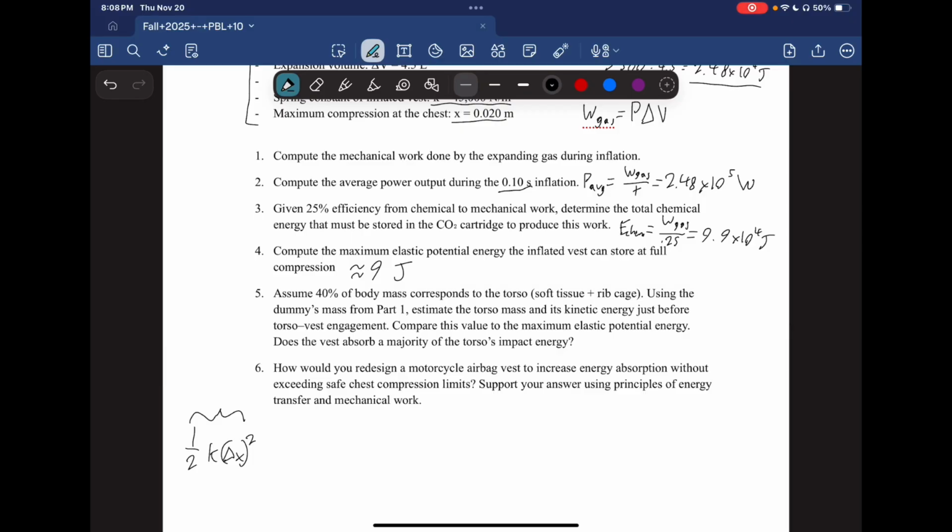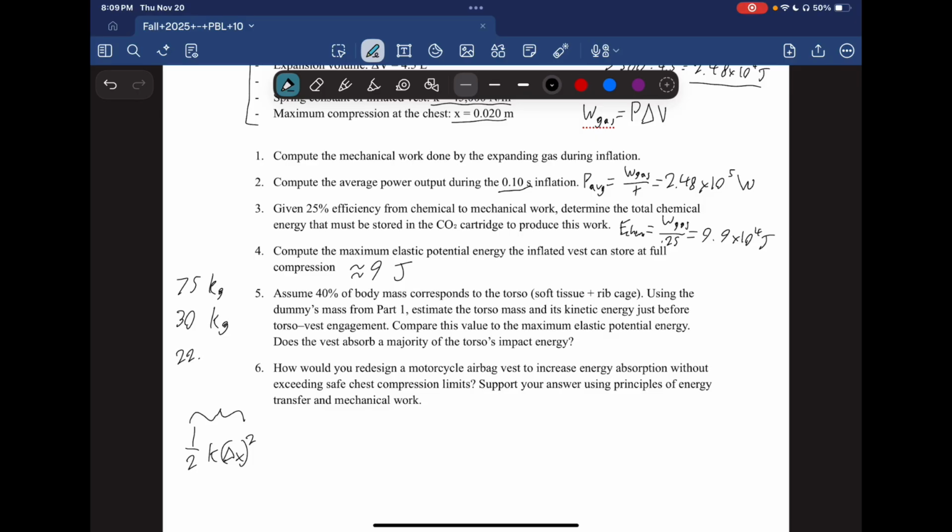Question 5, assume 40% of body mass corresponds to the torso, and using the dummy's mass from part 1, estimate torso mass and kinetic energy before torso vest engagement. So from part 1, we had that the dummy weighed 75 kilograms. 40% of this is about 30 kilograms.